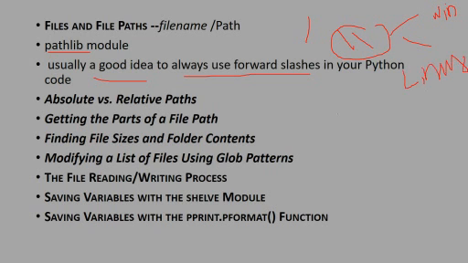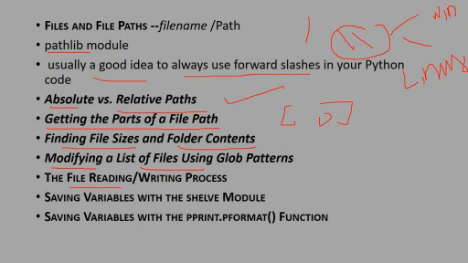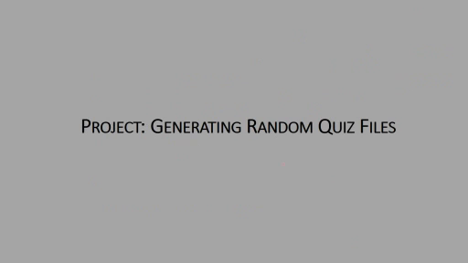Then there is the difference between absolute and relative paths, getting the parts of a file path, finding file sizes and folder contents, modifying a list of files using glob patterns, followed by file reading and writing, saving variables with the shelve module, and the pprint.pformat function. And then there was a project which was generating random quiz files.